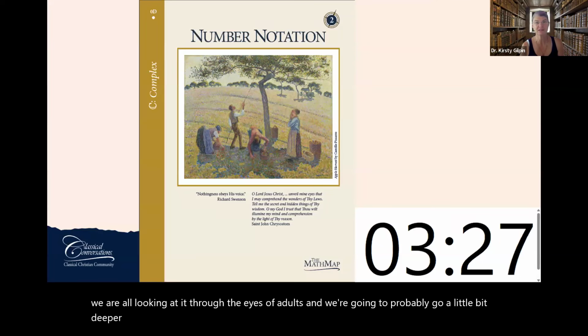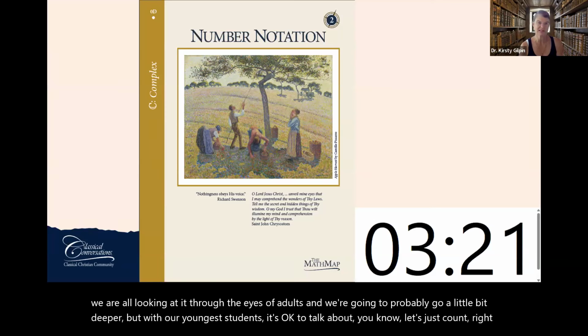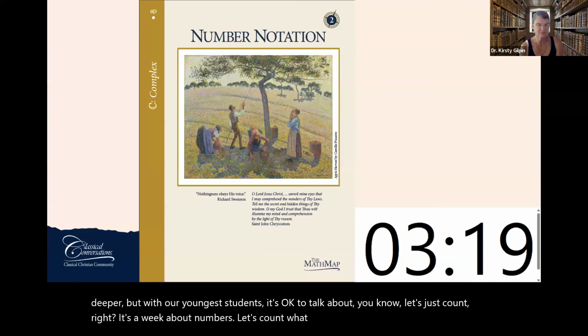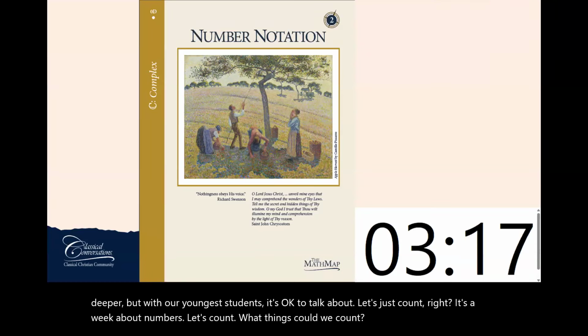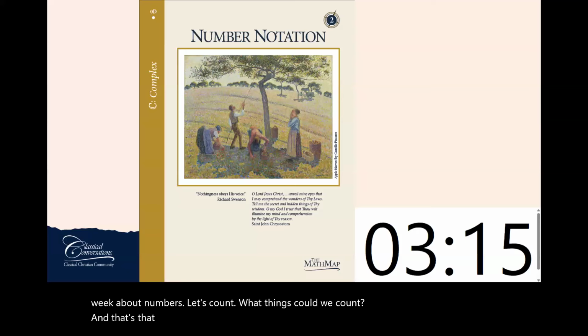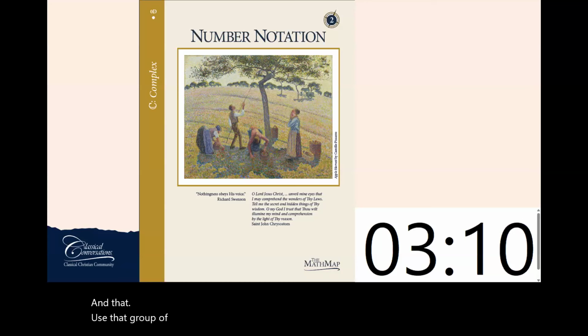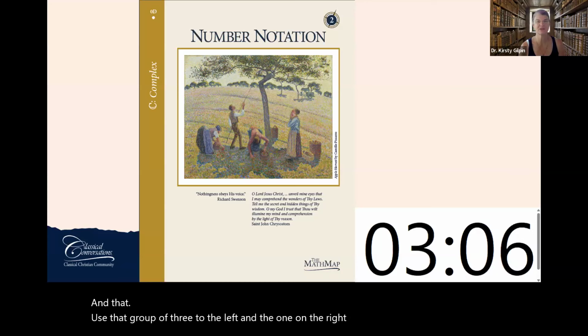But with our youngest students, it's okay to talk about, let's just count, right? It's a week about numbers. Let's count. What things could we count? On that note, you could use that group of 3 to the left and the one on the right as a subtraction or addition problem. Absolutely. That's great.